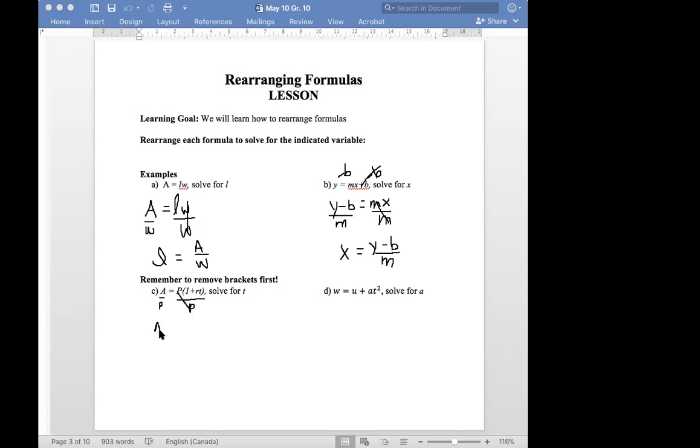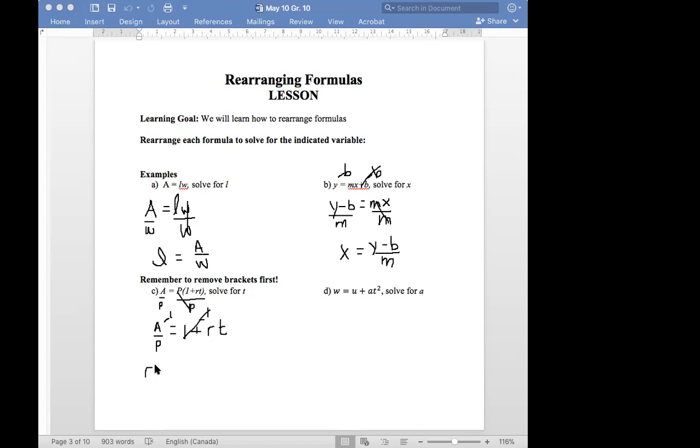So we are going to be left with a over p is equal to, and now because there's no p there, you can take the bracket off. So it would be 1 plus RT. And again, we're looking for t, so we want to do the opposite operations of BEDMAS. So you're going to subtract 1 on both sides. That's going to cancel this. I'm going to have 1.